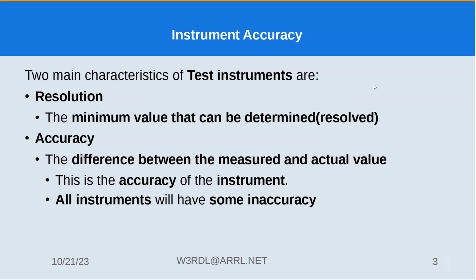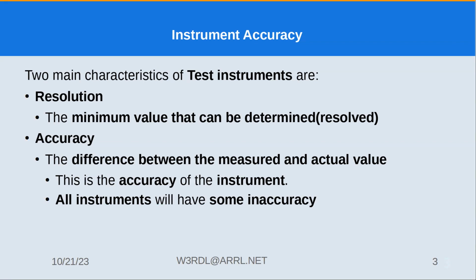So there's kind of two main characteristics of any test instrument, resolution and accuracy. The resolution is the minimum value that you can determine or resolve. So whatever units it's graded in would be the resolution, which has actually nothing to do with the accuracy.